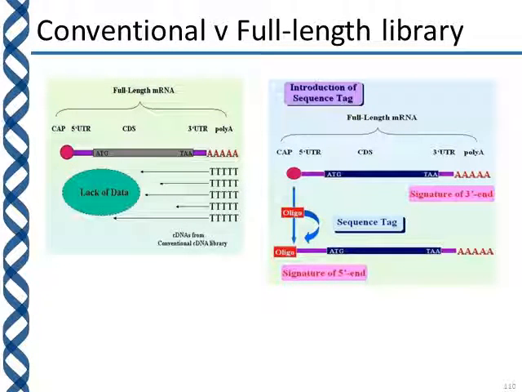In this figure, we now show the conventional versus full-length library construction, where you have the full-length RNA with the poly A tail and your poly T primers used for development of the library, versus on the right where we have the introduction of a sequence tag into the full-length messenger RNA.